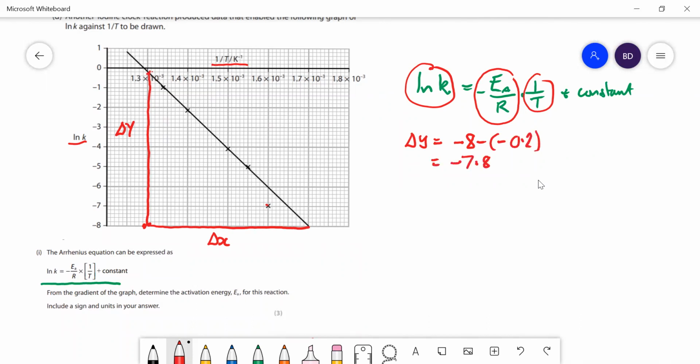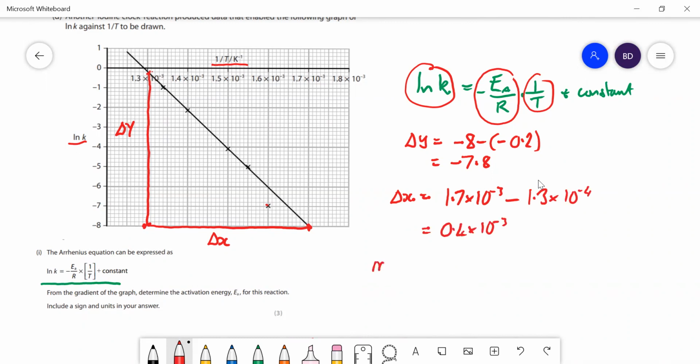The change in x, it's a negative gradient obviously, is 1.7 times 10 to the minus 3 minus 1.3 times 10 to the minus 3, which is 0.4 times 10 to the minus 3.